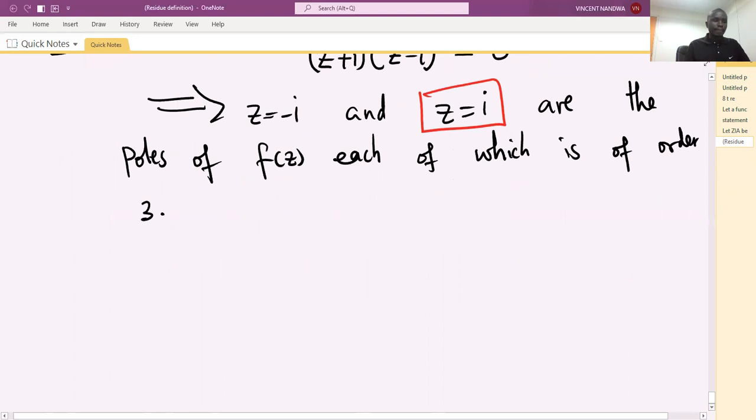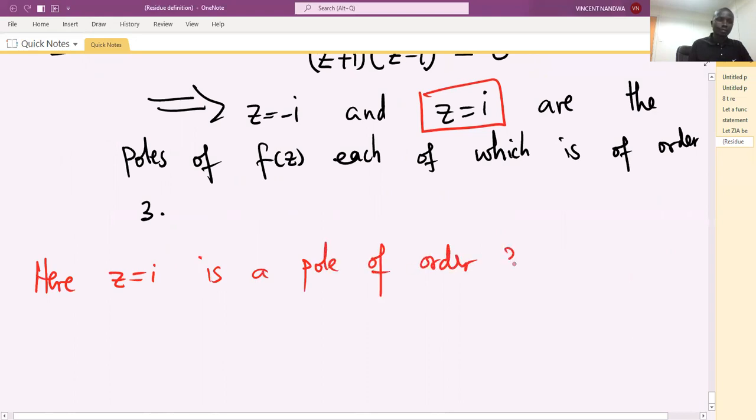So we'll say here z equals i, as specified in the problem, is a pole of order 3 for this function f of z.